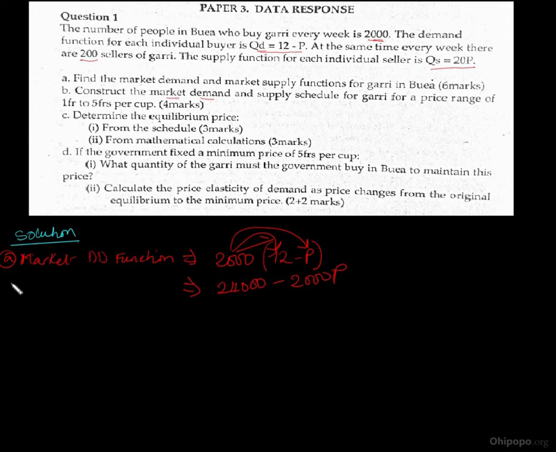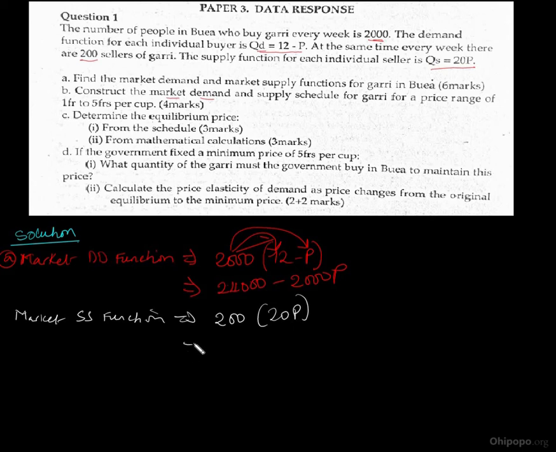Now let's go to the market supply function. The question says there are 200 sellers of Gary, and each individual seller supplies 20P cups.